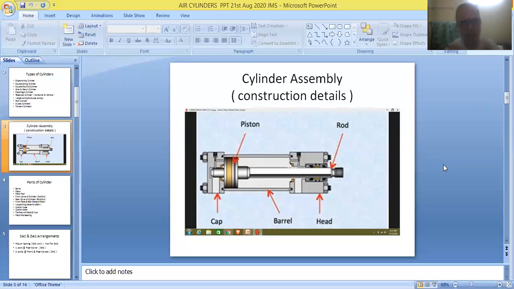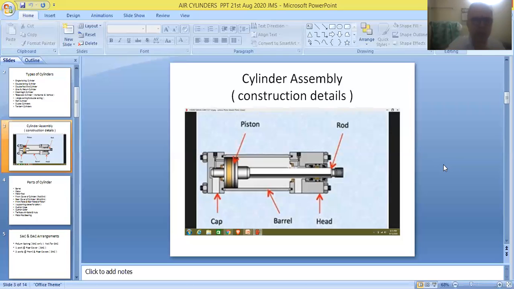So generally this barrel is covered by means of two covers placed on both sides. The first one covers the front end of the cylinder, that's why it's called the front cover, and the second one covers the rear end of the cylinder. That's why it is called the rear cover or back cover of the cylinder.